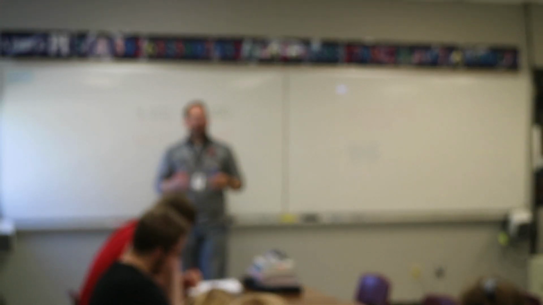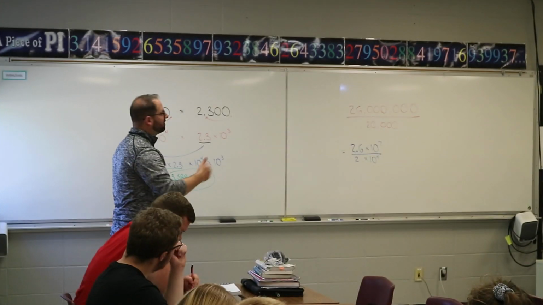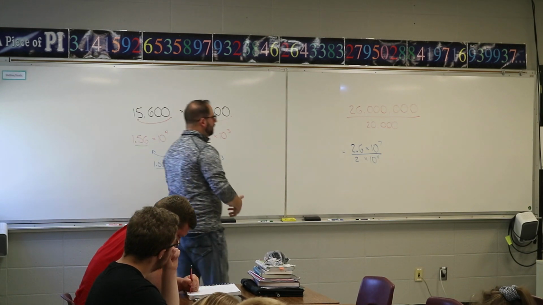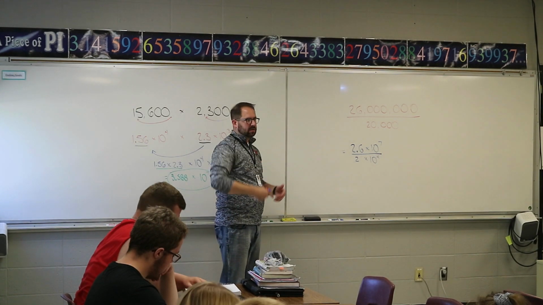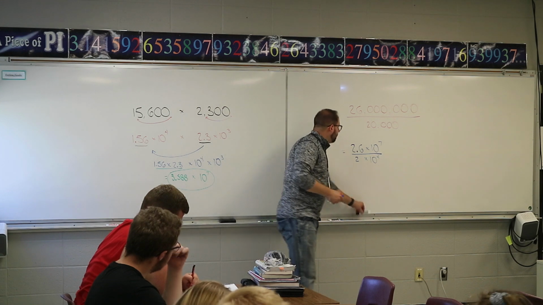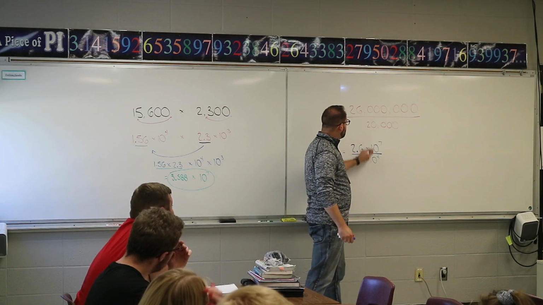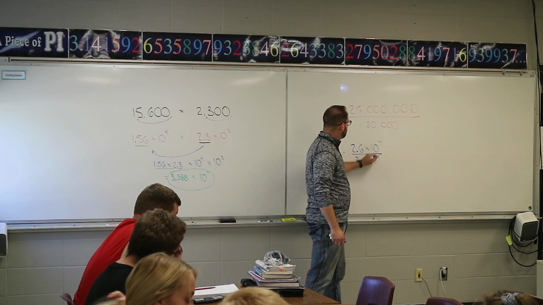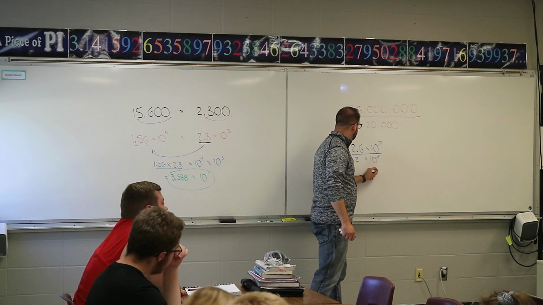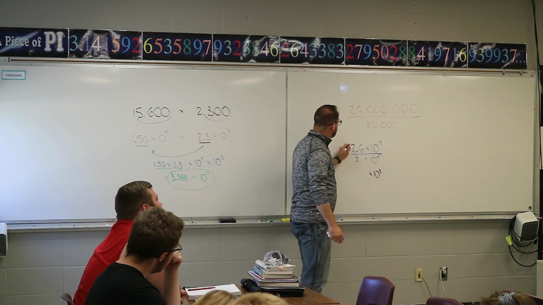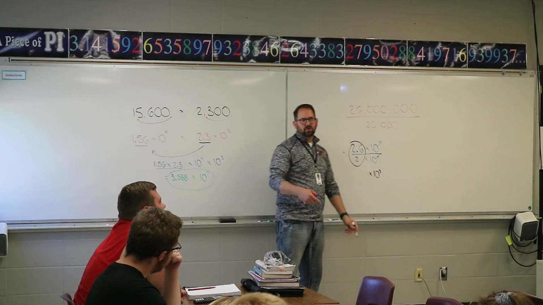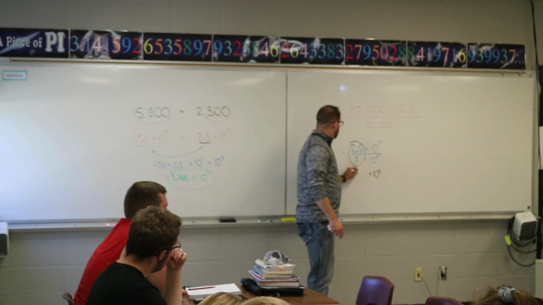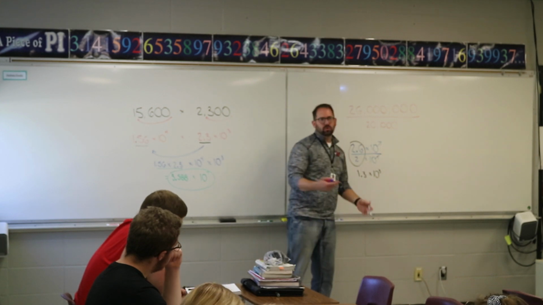And now the last step here is you just divide. The powers of 10 subtract each other. It's like cancellations. So, on the 10s here, just subtract. What's 7 take away 4? 3, so we're left with 10 to the 3rd. The number up front, you just divide these. Divide 2.6 by 2. 1.3, right?